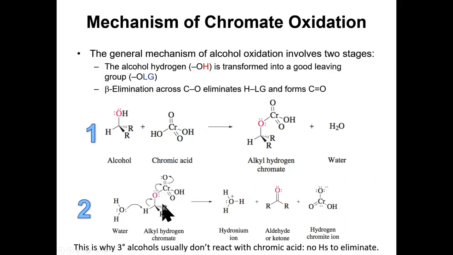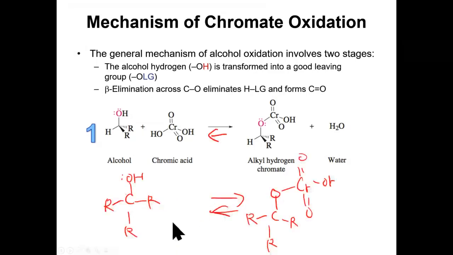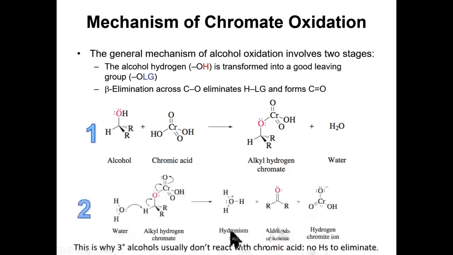and obviously this one is going to come to here, become a chromite ion. Okay, so this is an E2 elimination reaction, and the E2 elimination reaction requires at least one proton connected to this carbon. So in the case of the tertiary alcohol, there's no proton connected to this carbon, so it cannot undergo further elimination reaction, so it cannot form a carbonyl group.